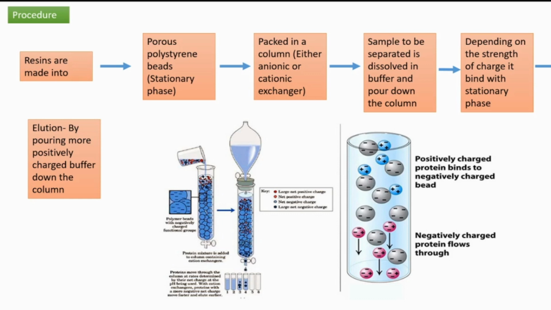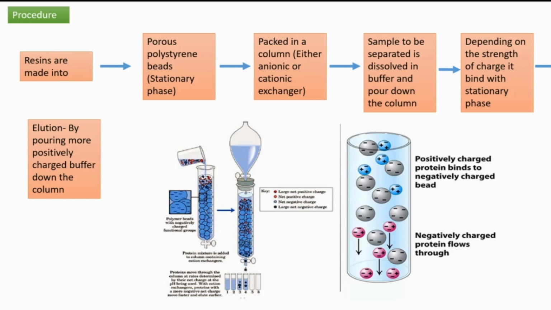And how can we separate the strongly positively charged proteins that bind with this cationic ion exchanger? By pouring a more positively charged buffer solution. Here I will give a common example. For instance, you are standing with one of your friends. You have affection and love towards that friend. Then another friend of yours comes, and on seeing that friend, you have more attachment towards them.